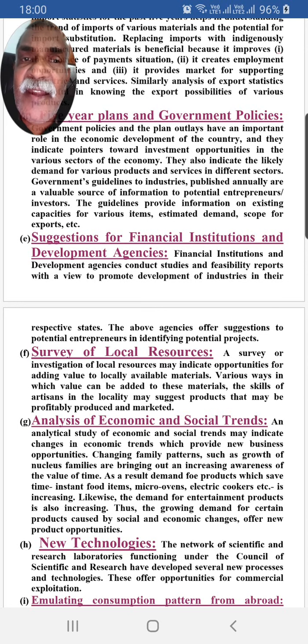The guidelines provide information on existing capacity for various items, estimated demands, scope for exports.